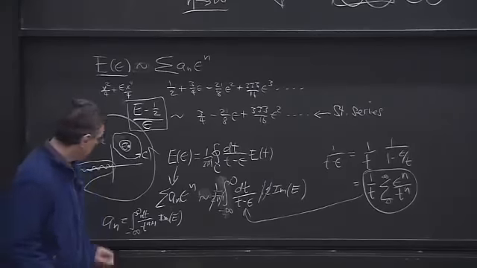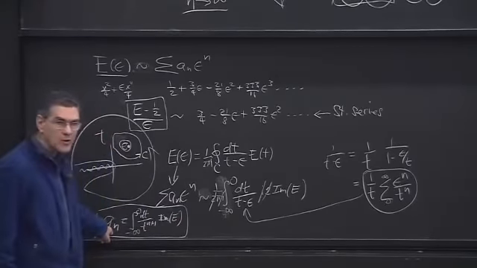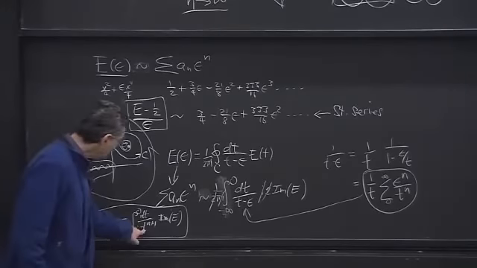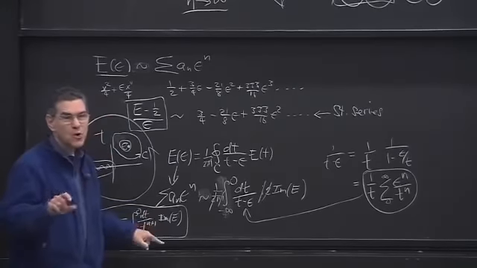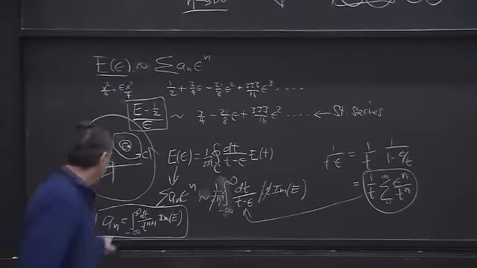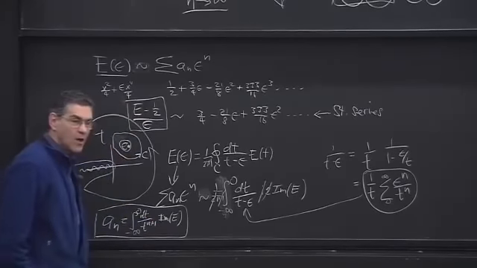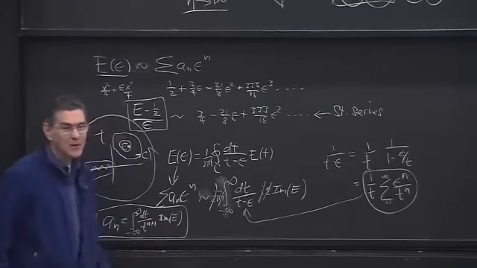What I showed you was that the nth term in the perturbation series is the nth inverse moment, not a moment, this is a strange kind of moment, it's the inverse moment of the imaginary part of E for negative t.